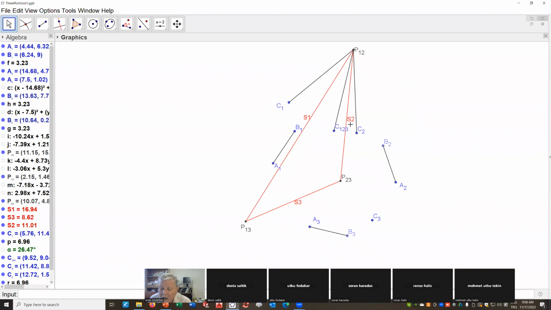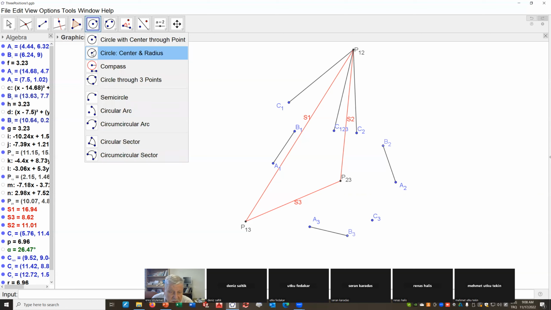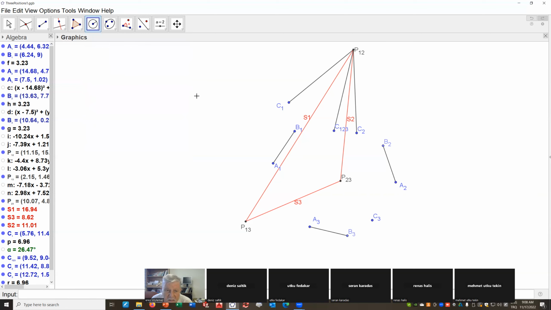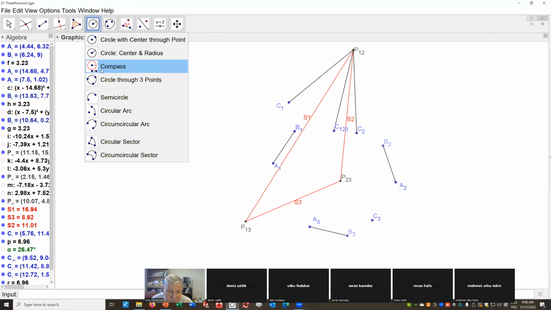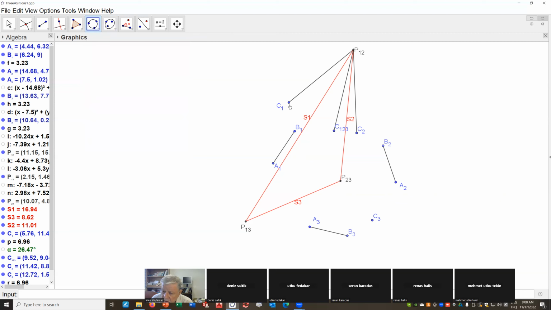Okay, now let me determine the center point. Sorry, not that. 3 points, C1, C2, and C3. The midpoint or center, this is going to be C0.